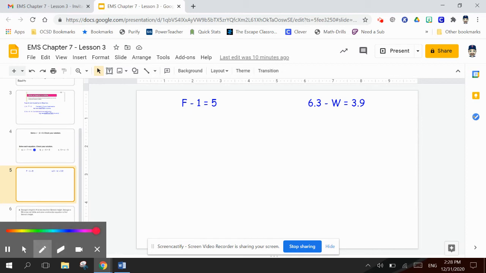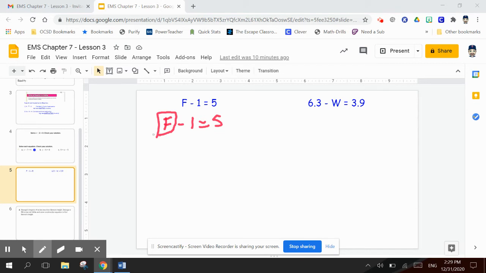Here, I'd like you to pause the video and try these two out on your own. F minus 1 equals 5. Notice that the variable again is in the beginning or in front, which means I have to add. Rule 1. If it's before the subtraction sign, I have to add. What am I going to add?